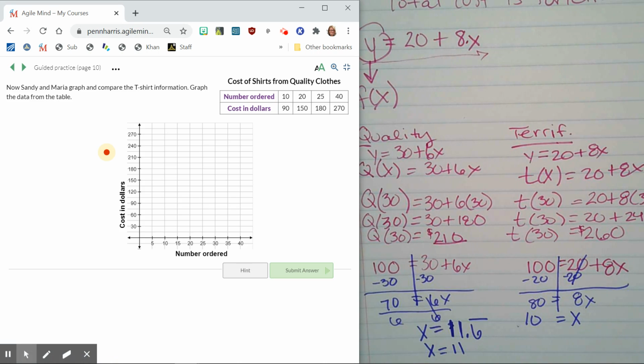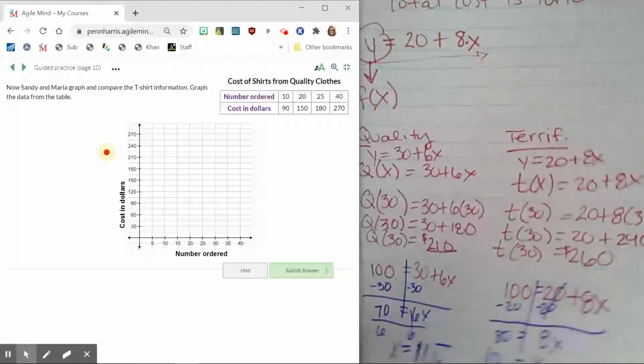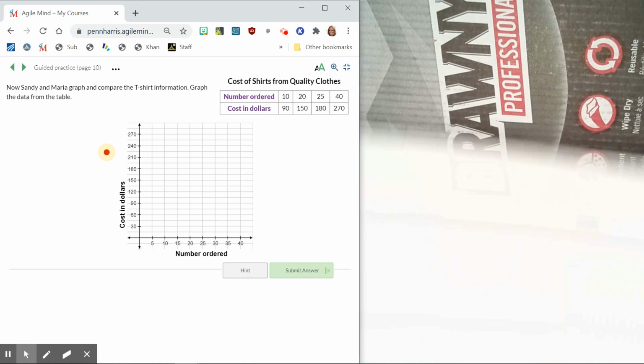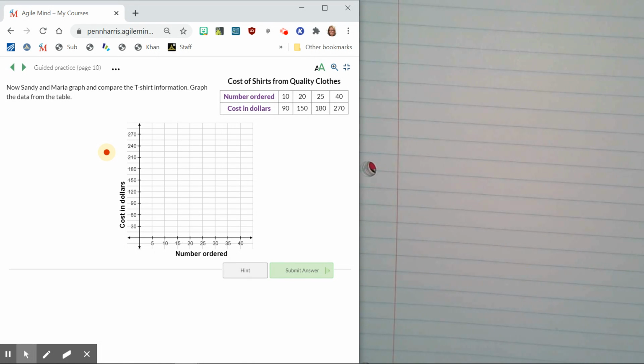Okay, a couple more problems here. So number 10. Now, Sandy and Maria are going to graph and compare the t-shirt information, guys. All we're doing here, if we've got numbered ordered 10, and it's going to cost us $90, put the dot there. 20 ordered costs us $150.